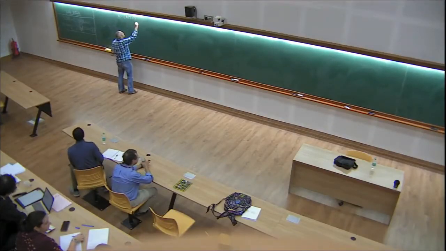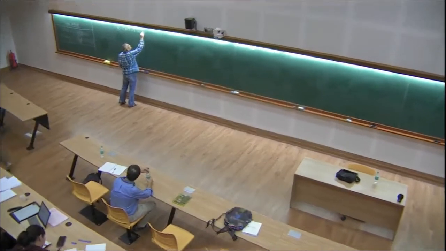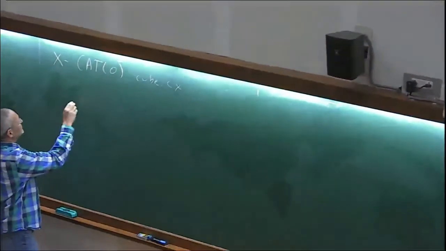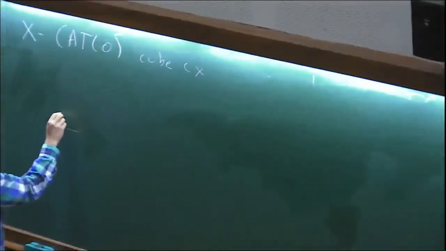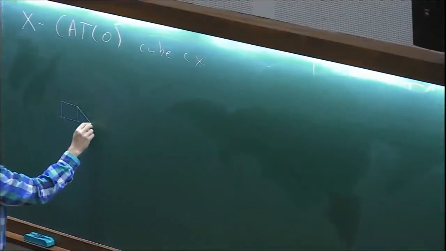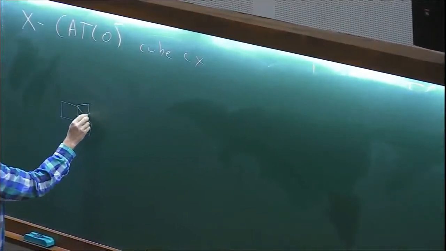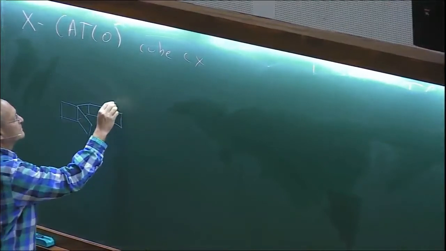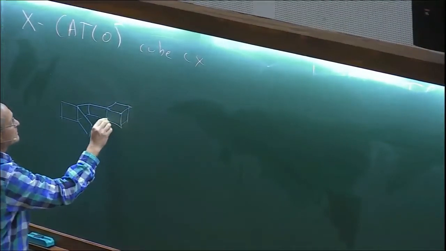X will always be, for me, a CAT(0) cube complex. And the last thing we talked about was that there are these hyperplanes. So if you're imagining a CAT(0) cube complex, maybe a piece of it will look something like this.